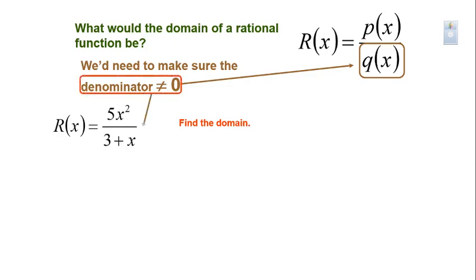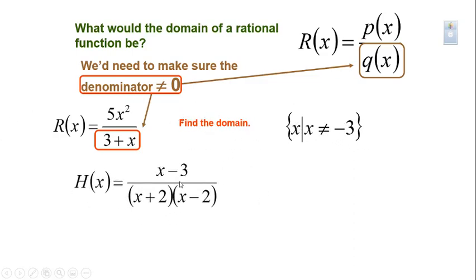So here's a quick example here. We have 5x squared divided by 3 plus x. To find the domain, we simply set 3 plus x equal to 0 and solve for x, and we realize that x equals -3. So we say then that x cannot be -3. Any other real number will work except for -3.